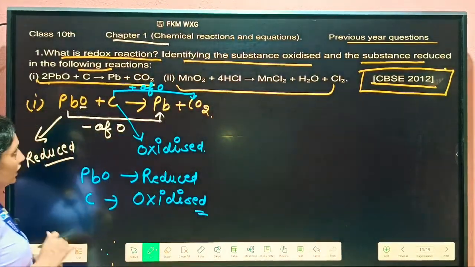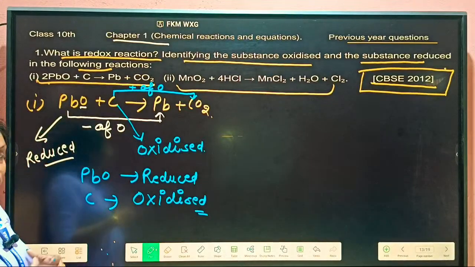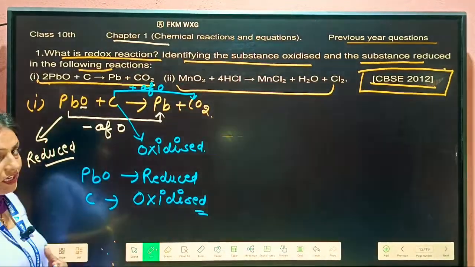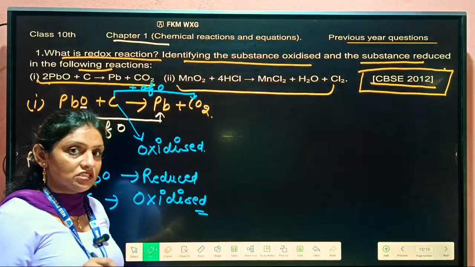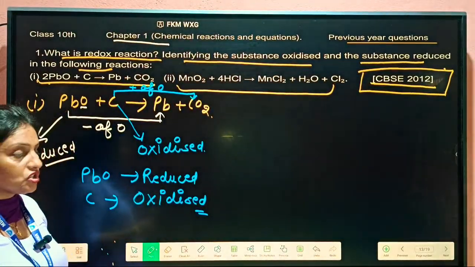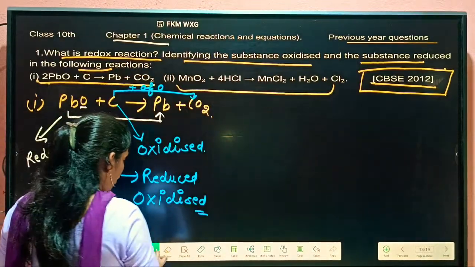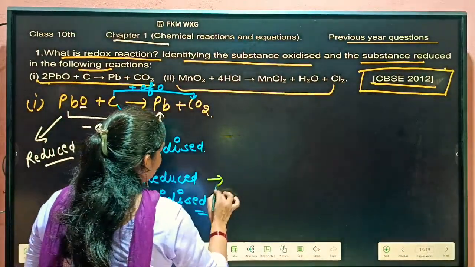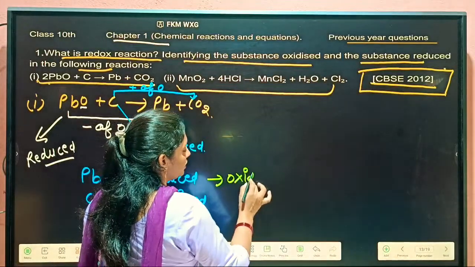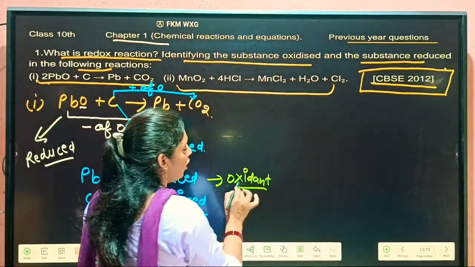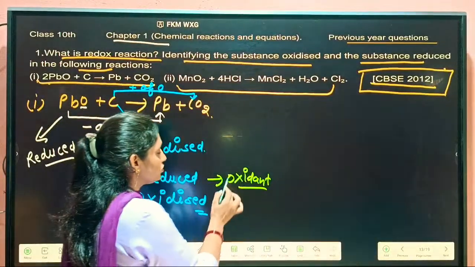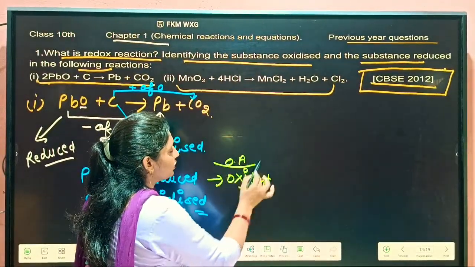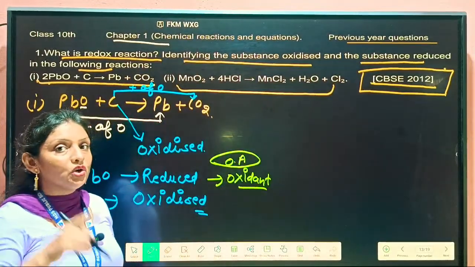And students, if this question is asked in this way, which one is reductant and which one is oxidant, the substance which is reduced is known as the oxidant, or oxidizing agent, which oxidizes others and reduces itself.